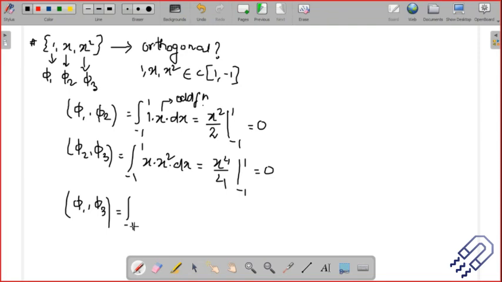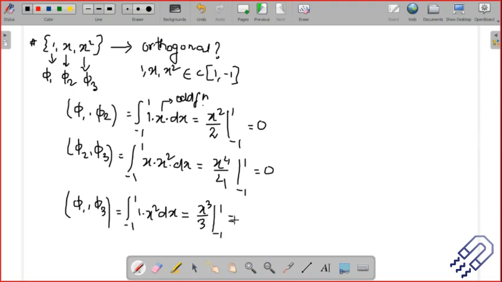And if we do it, it's minus 1 to 1, and then this would be 1 and then x squared. So this is not an odd function. This is an even function. If you take up an even function, you are not going to get 0. So this would be x cubed divided by 3, from minus 1 to 1.